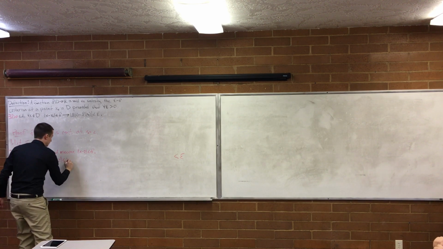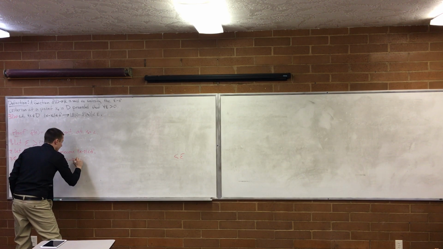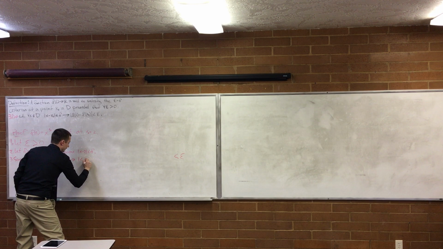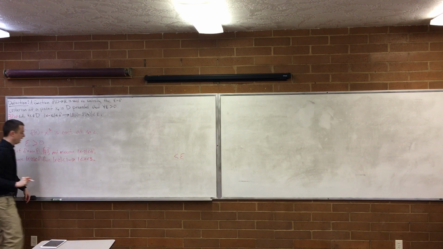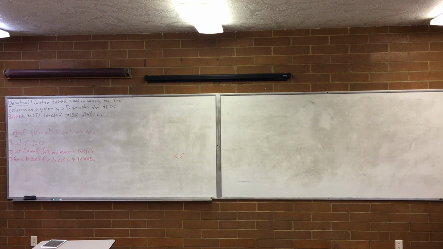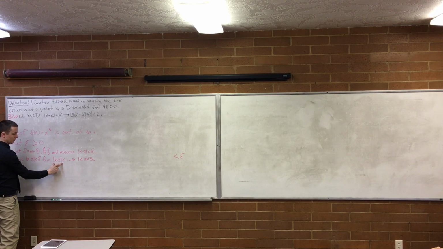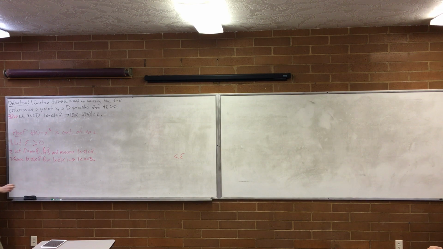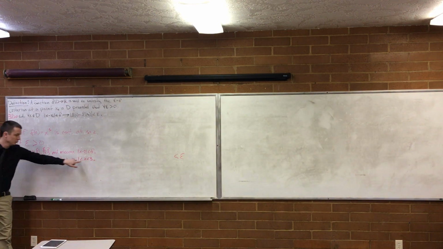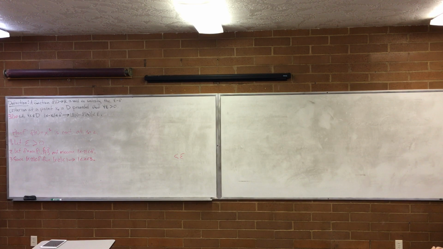Which gives me that 1 is less than x is less than 3. That gives me that x is in between 1 and 3. Wait, why 3 again? Just expand that out. Right, okay. You with me? You understand how this implies this? Good? Now continue with what I was doing.